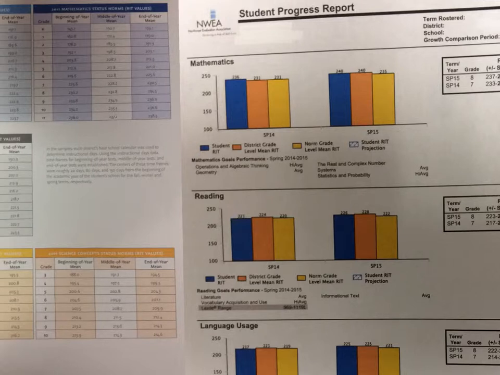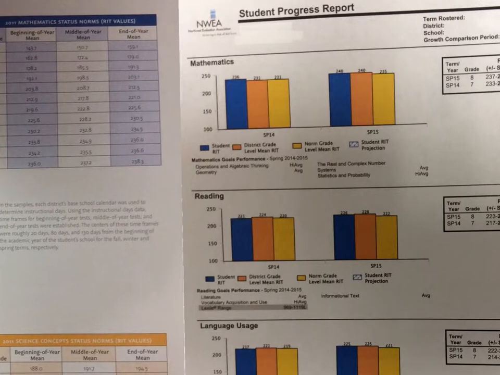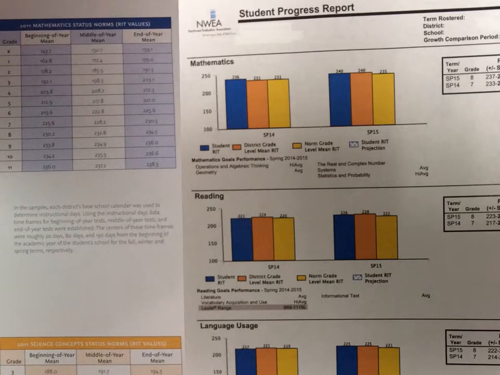So for 8th grade, if we are looking here for math, we would be looking at a national average of 234.5, which we find there, and rounded that is 235. So that's what we would find here as well. So you can see, looking back at last year for 7th grade, the national average was 231, which again is the same here and here.